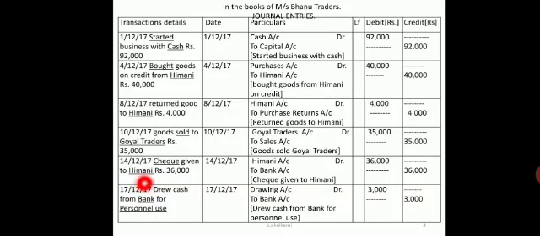And when you are withdrawing cash from bank, so other account is bank account. One is drawings account, one is bank account. Your withdrawal is from bank, so bank balance also is reduced. So decrease in asset is credited. So journal entry will be drawings account is debited to bank account 3,000 and 3,000. I hope these journal entries are clear. Now we'll go for the next one.